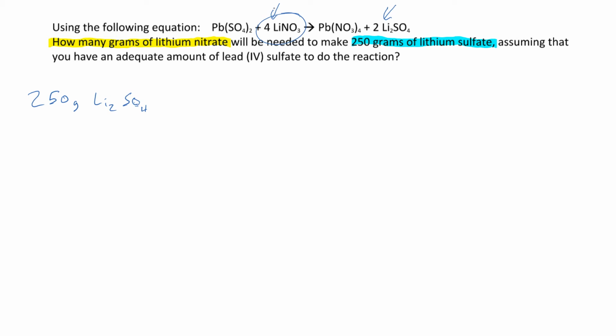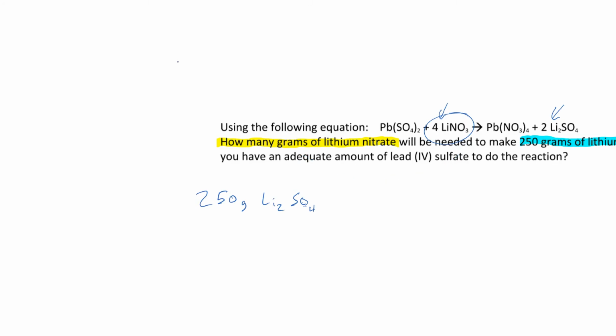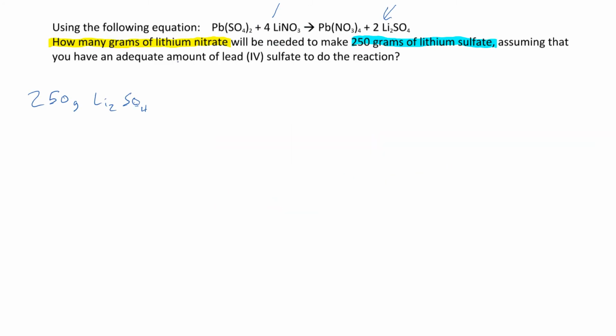Once we've done that, then we're just going to figure out how many grams of lithium nitrate that is. Alright, so first step is figure out how many moles this is.